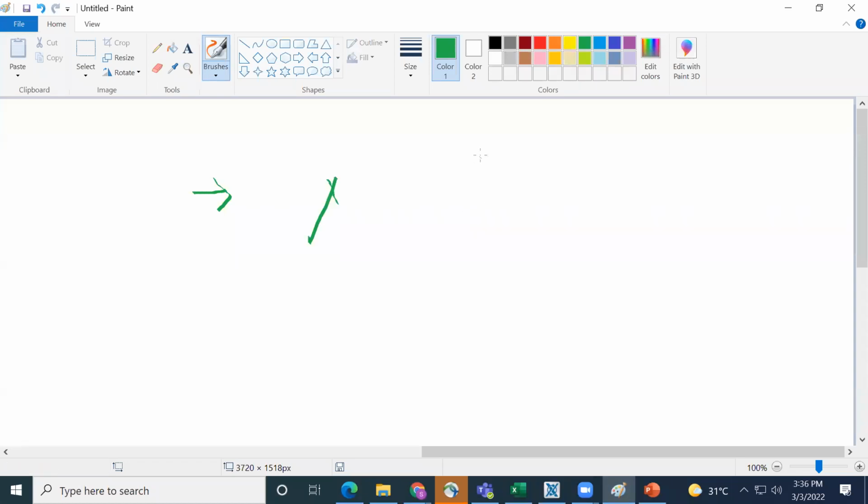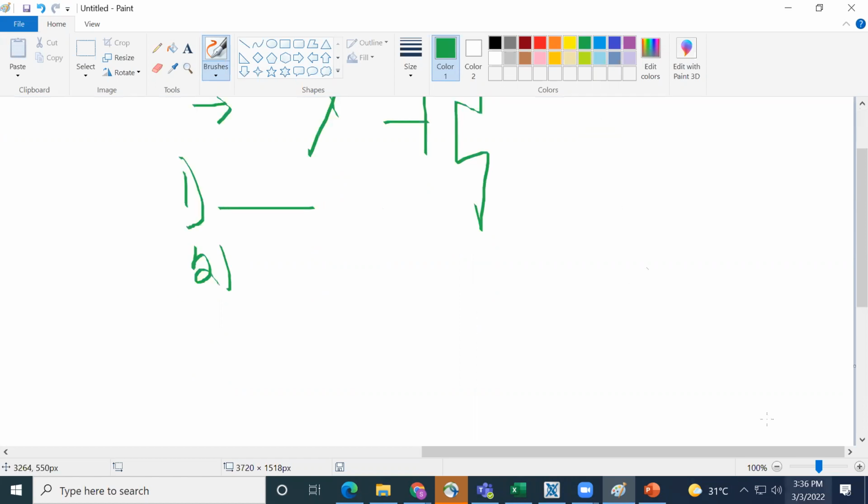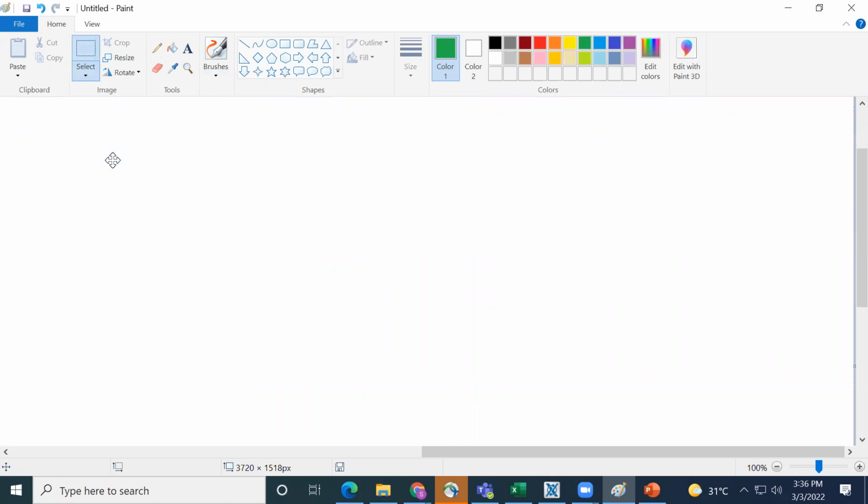Suppose they give you two devices. Matching is generally done for current mirror and differential pair. I don't have time to explain current mirror in detail.